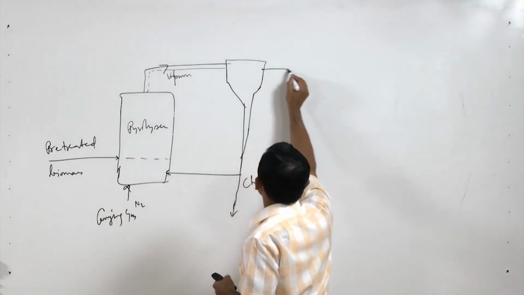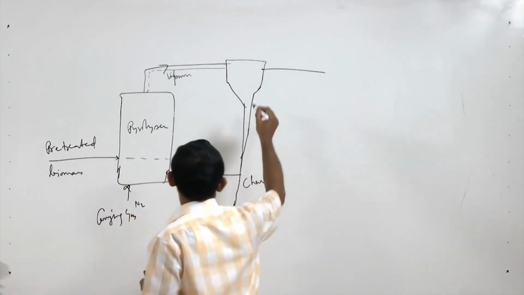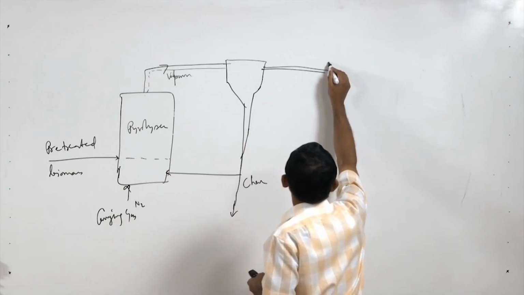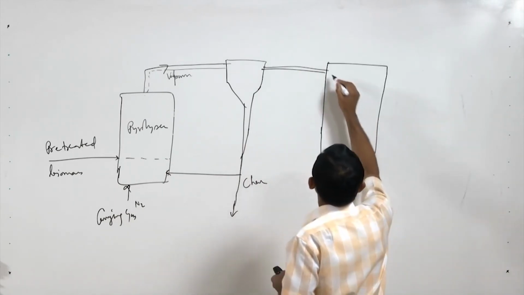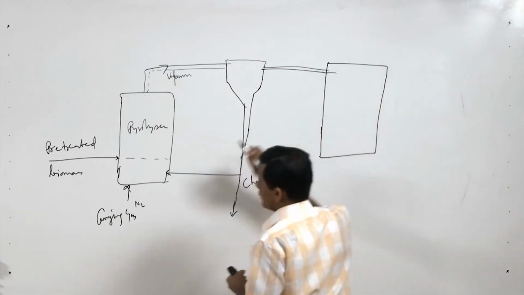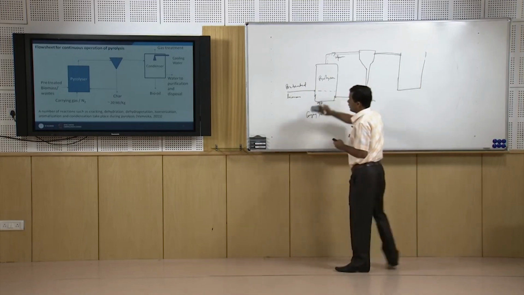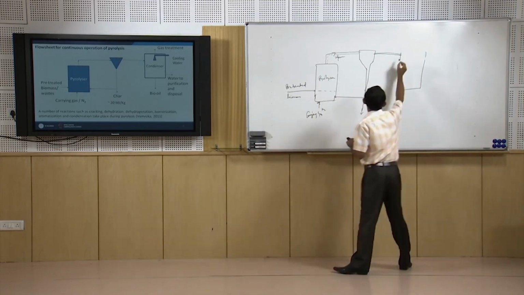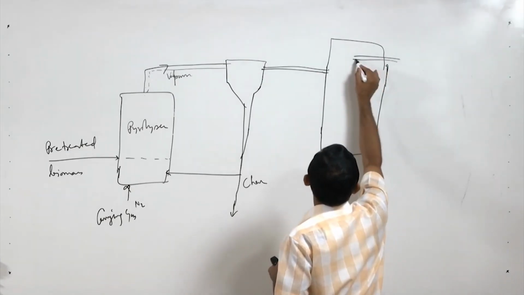Then the gas goes from this collector unit to the cooling unit. Here the gas is cooled either by direct quenching or indirect cooling. Here an example is given of direct quenching, where we will be spraying.